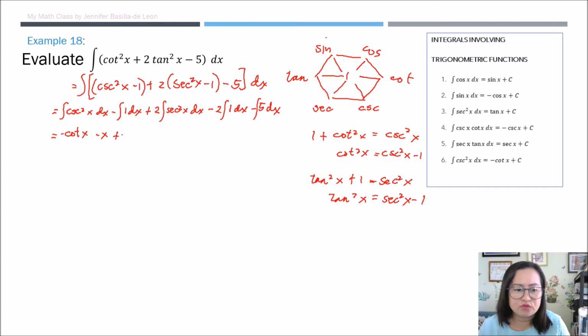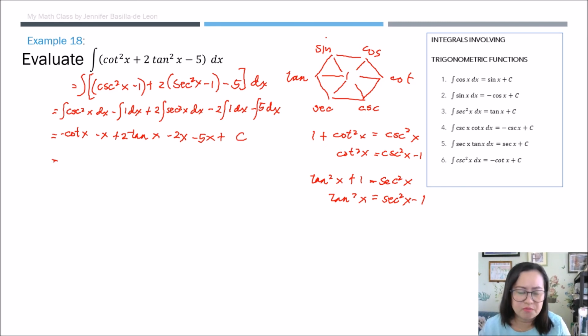Then we shall have 2 times the antiderivative of secant squared x, which is tangent x. And then we shall have negative 2x. Now for the antiderivative of 5 dx, we shall have negative 5x plus the arbitrary constant c.